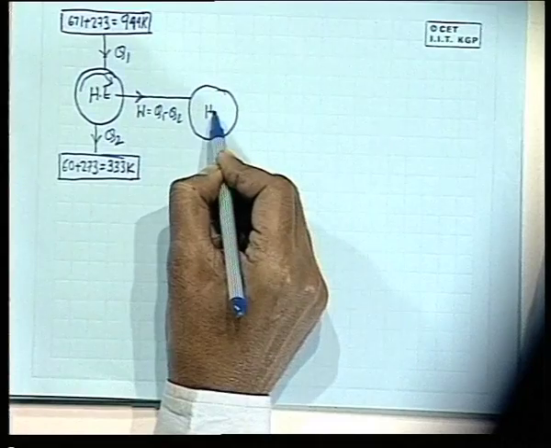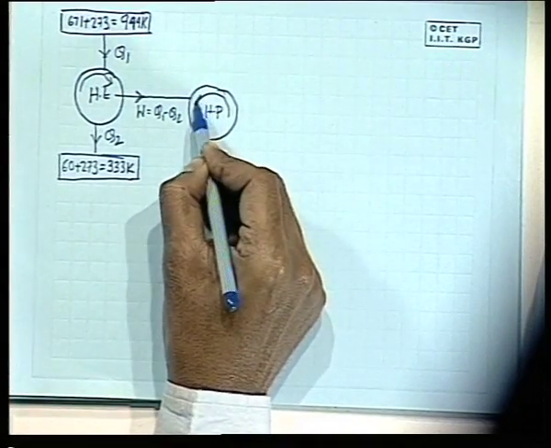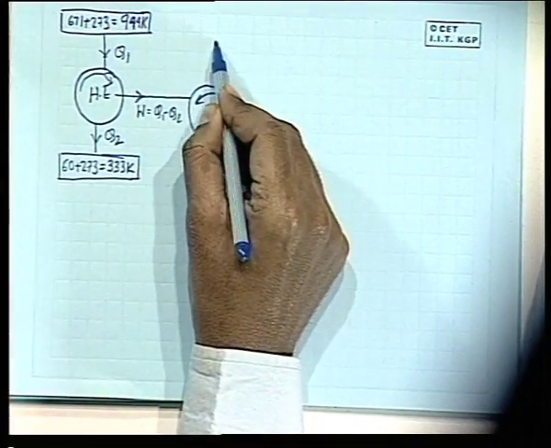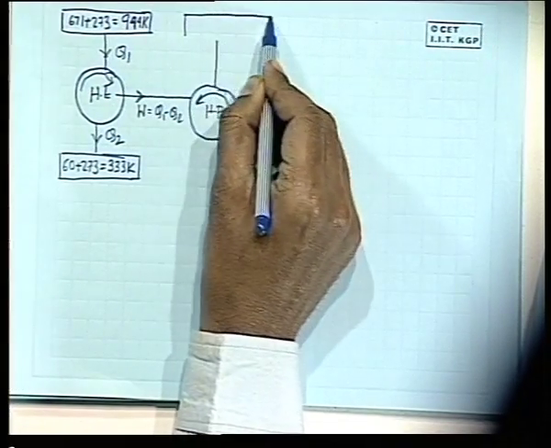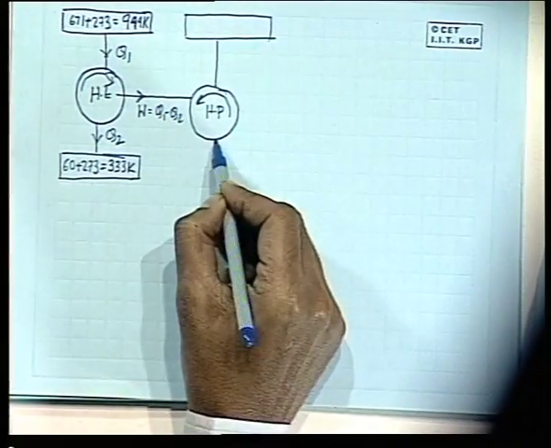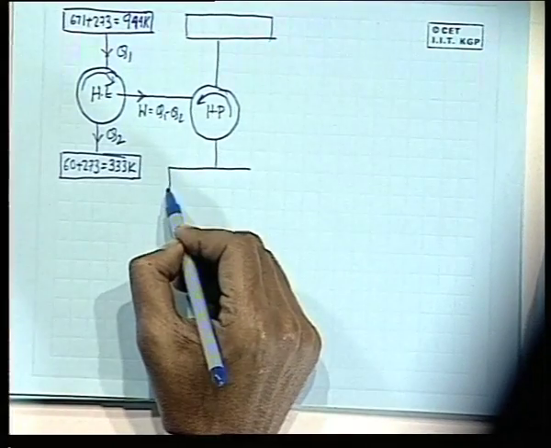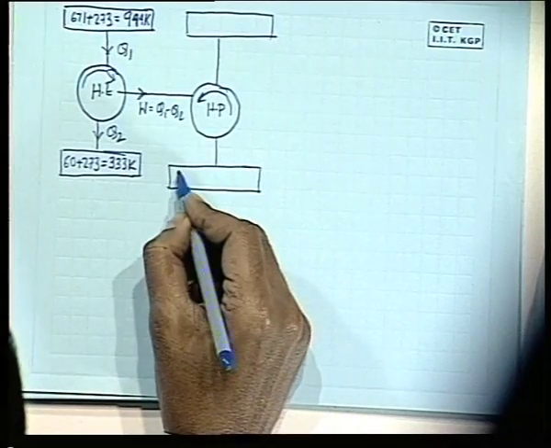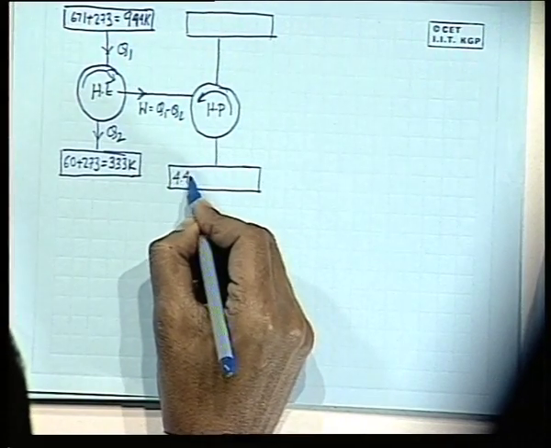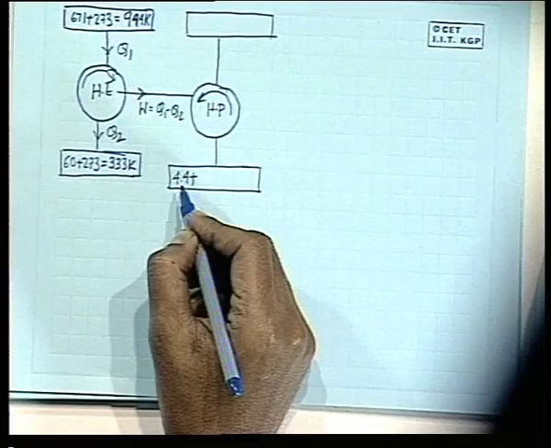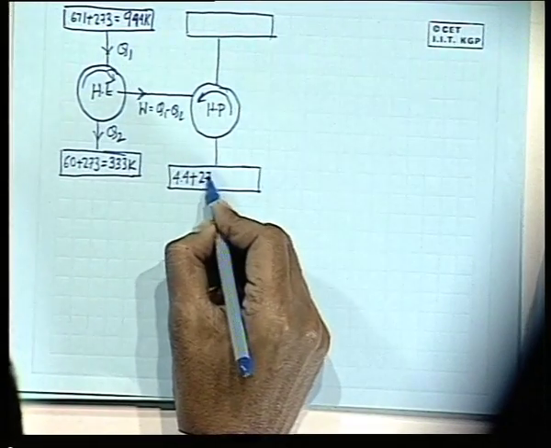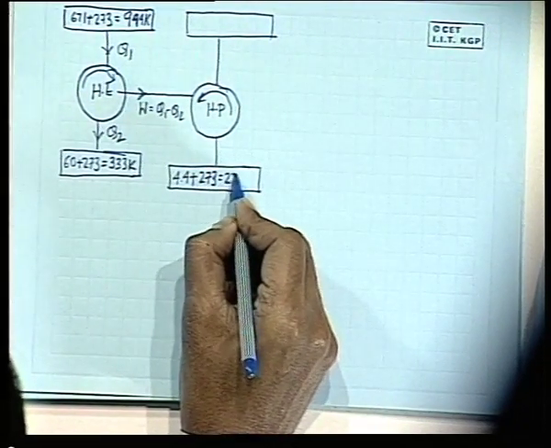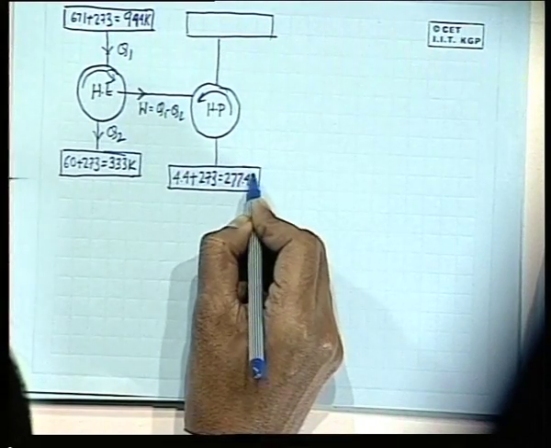This is the heat pump which operates on a reverse cycle, and here the temperatures are like this: the temperature from which it takes heat is 4.4 plus 273, which is 277.4 K. Let the heat taken be Q3 and the heat delivered be Q4.